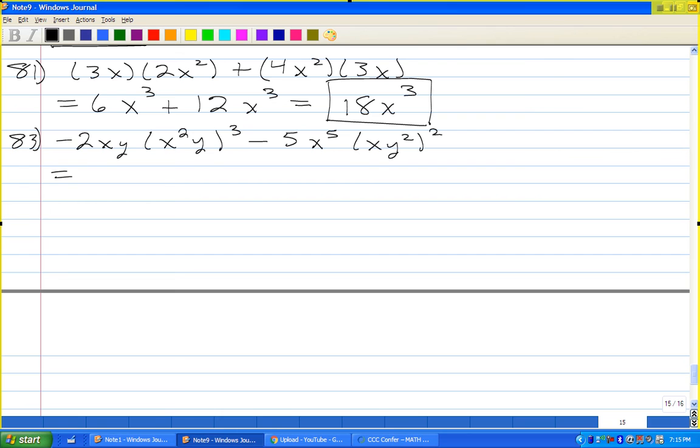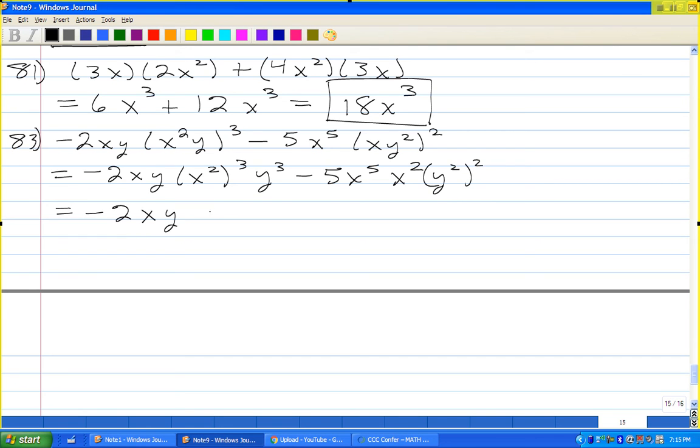So let's raise each of these inside the parentheses to the power 3. So I have x squared cubed, y cubed, minus 5x to the 5th times x squared y squared squared. So this is a negative 2xy. 2 times 3 is 6.